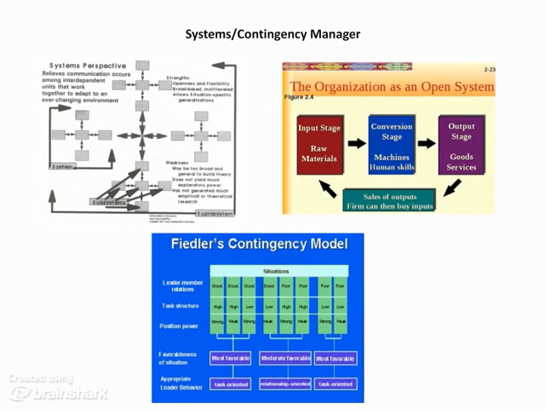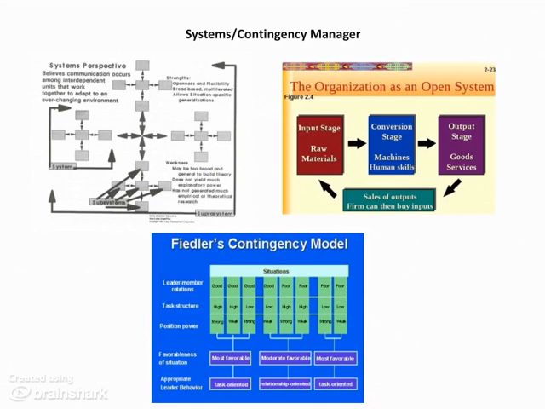Next, we have systems theory and contingency theory, which the author groups together as systems/contingency. So the systems/contingency manager believes there is no one best way to manage. The systems/contingency model contends there is no organizational model that will fit all organizations.